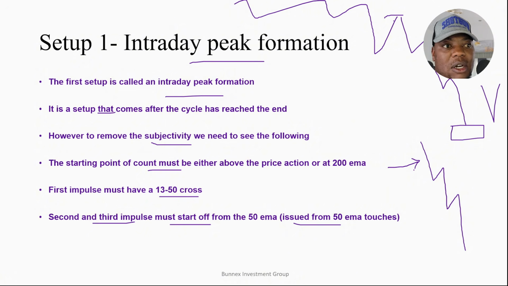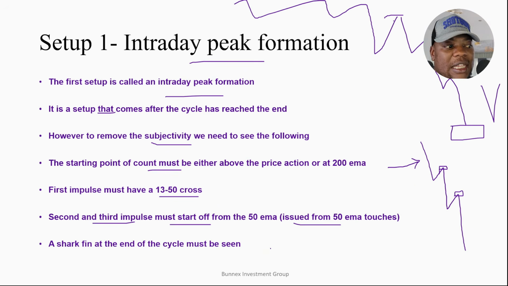Then the second impulse must always start at the 50 EMA. If this actually started at the 50 EMA, it is a valid impulse. And this must also start at the 50 EMA, making it another valid impulse. If we have these things in place, we say this cycle is of high quality, right?